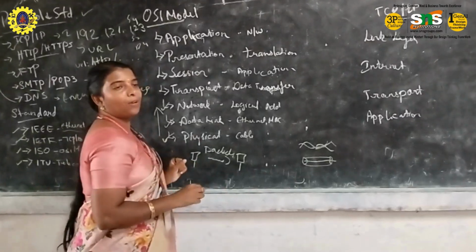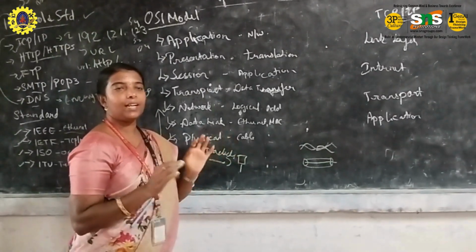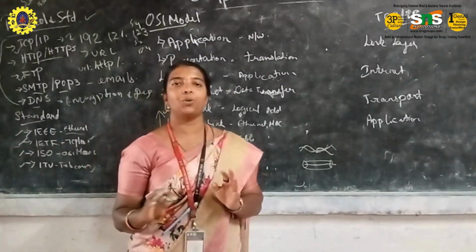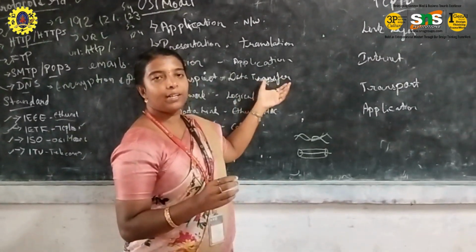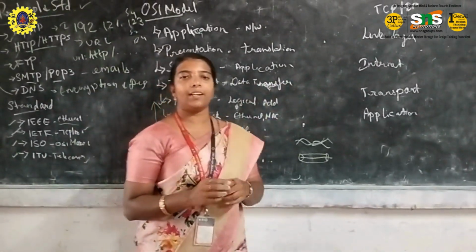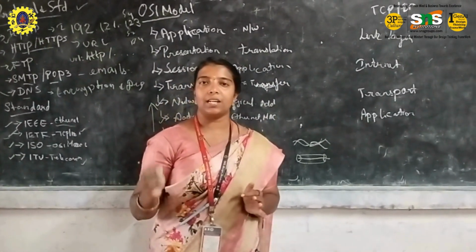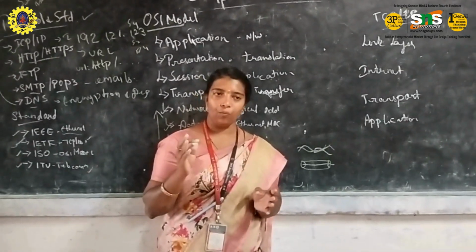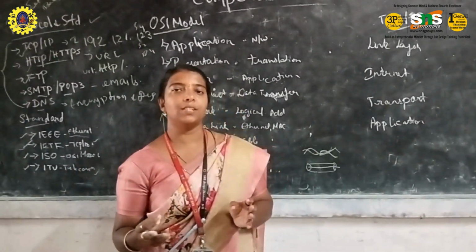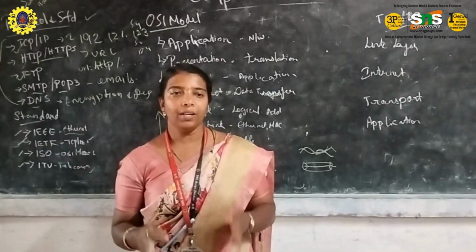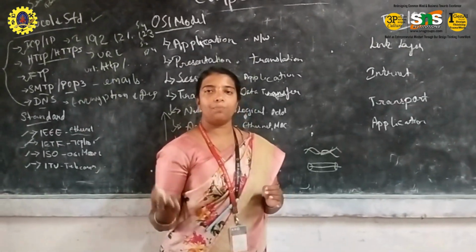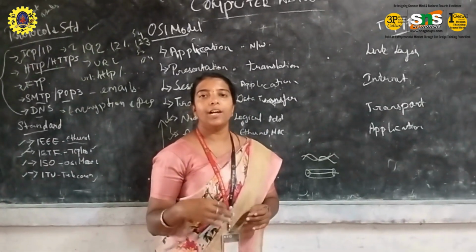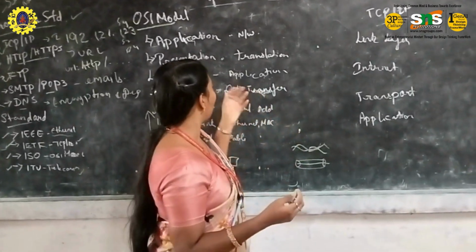In your transport layer, as I told, data is very important from one communication to another. The main thing that happens here is called data transfer. For example, if I share a message from one person to one person, it is single-way communication. But if I send to a group in a WhatsApp chat or anywhere else, it is multi-sharing of messages.